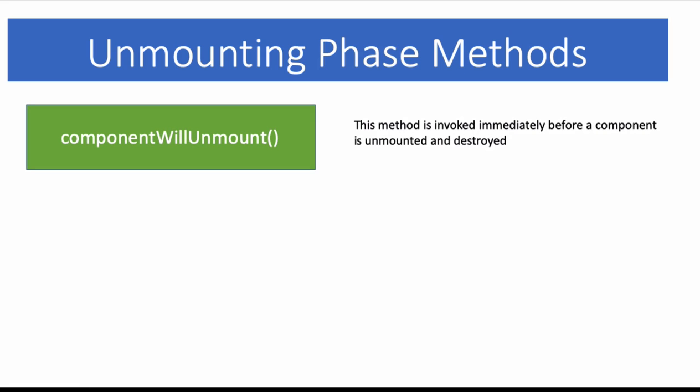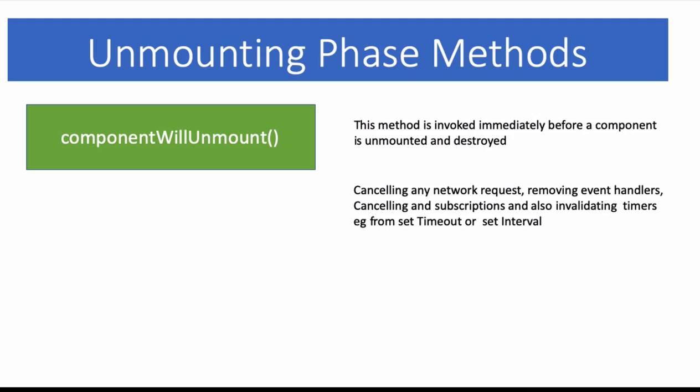Okay, it is the method where you can perform some cleanup tasks like canceling any network request, removing any handlers, canceling any subscription, and also invalidating timers, for example from setTimeout or setInterval. What you are not supposed to do in this phase: do not call the setState method.